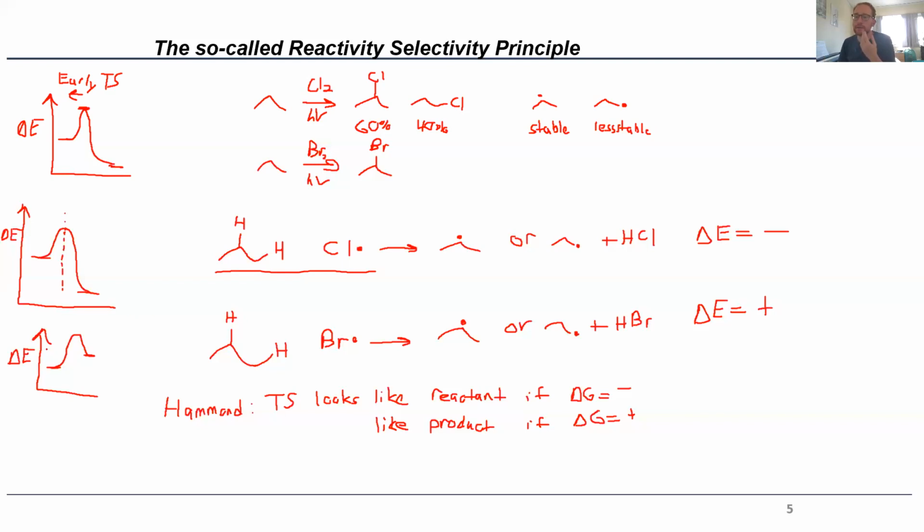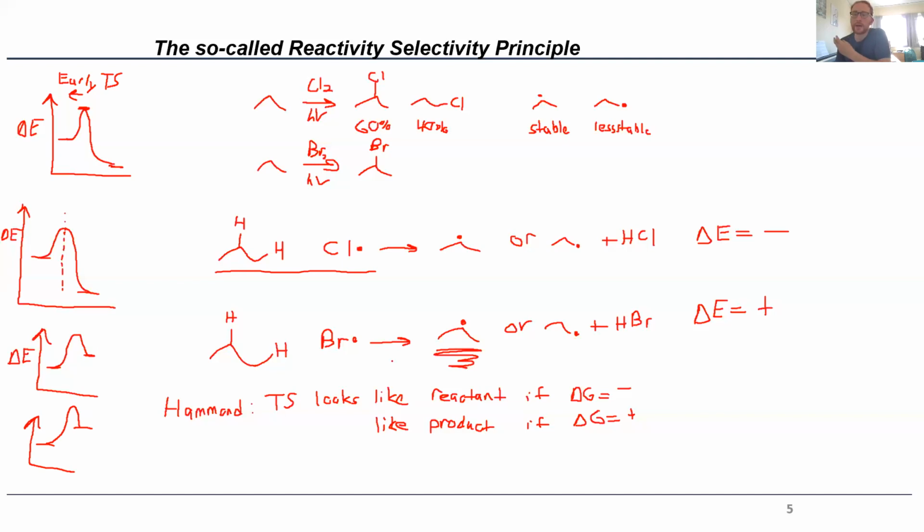In the case of an endergonic reaction, the transition state lies closer to the product. And so the transition state has character that looks more like the character of the products. And so when we look at the products of this reaction, we see we have a secondary radical and a primary radical. And we know that the secondary radical is more stable.